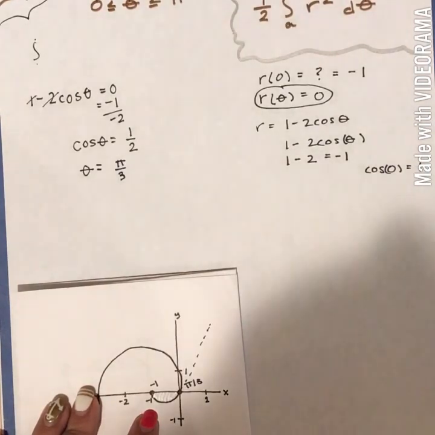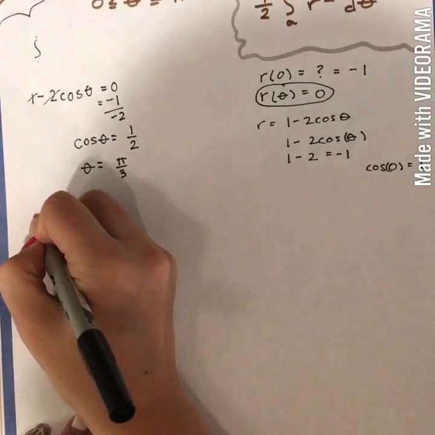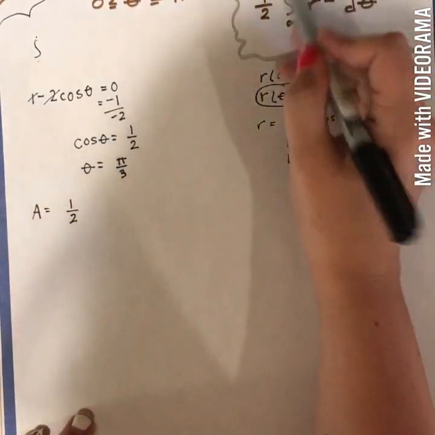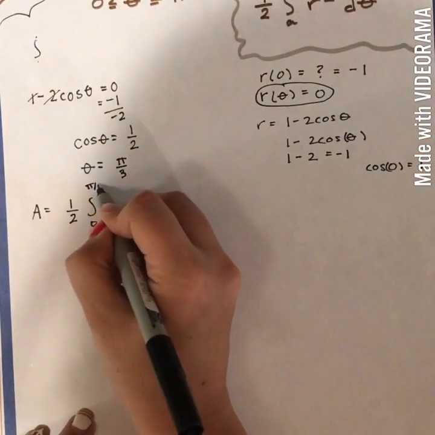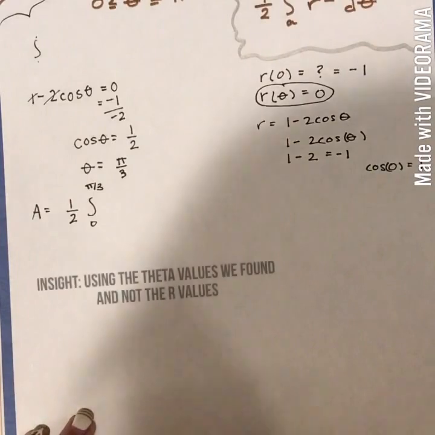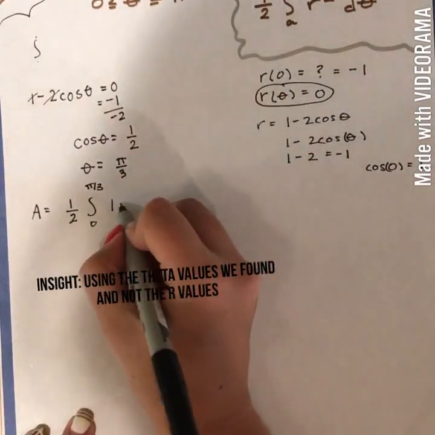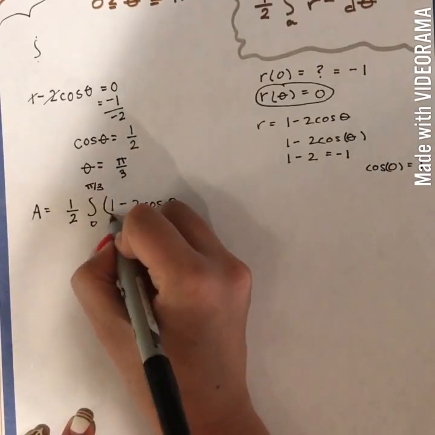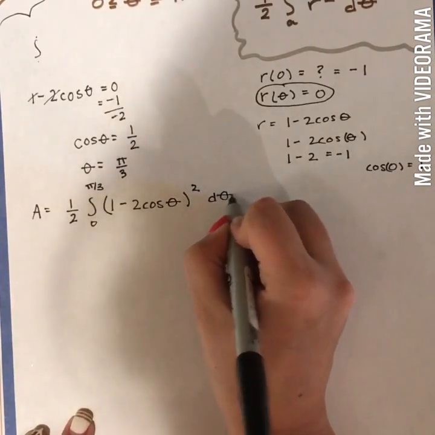Okay? So this is going to help us set up our integral now. So the area is going to equal 1/2, remember from up here, from 0 to pi over 3. And then our r, which is 1 minus 2 cos theta, squared d theta.